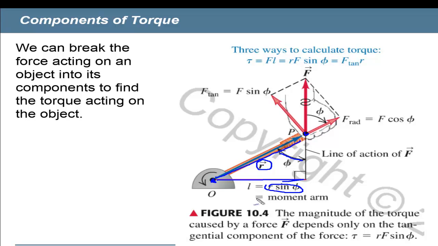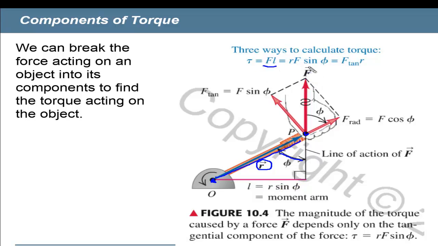Instead of breaking the force apart, getting a new force, a force tangent, I'll break apart the moment arm and get a new moment arm. And then I can multiply that moment arm by the entire force, right? Because now this is perpendicular, right? So if I did it that way, this would be FL, right?